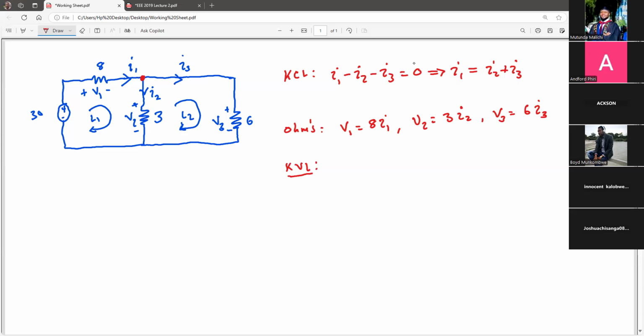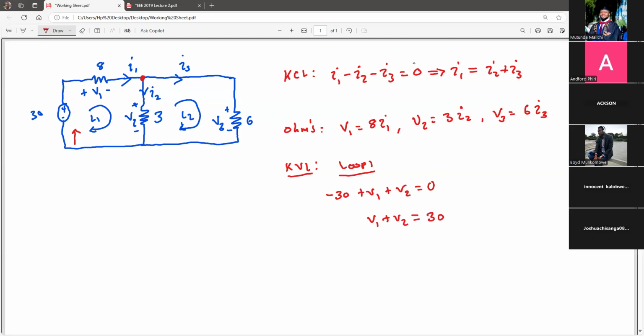KVL in loop 1 dictates that if we follow the direction going up like that, it will be negative 30 plus V1 plus V2 equal to 0, meaning V1 plus V2 is equal to 30.